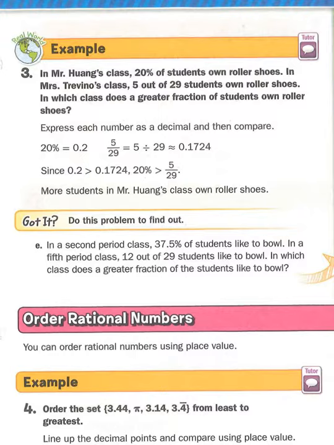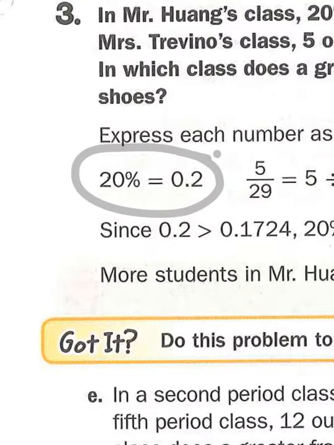So as you can see, the first problem here, let's grab this. Okay, 20%. You guys all know to convert a percent to a decimal, you're going to move the decimal point 2 spaces to the left. So when we do that, the decimal point would be here, 1, 2, and we would get 0.2.